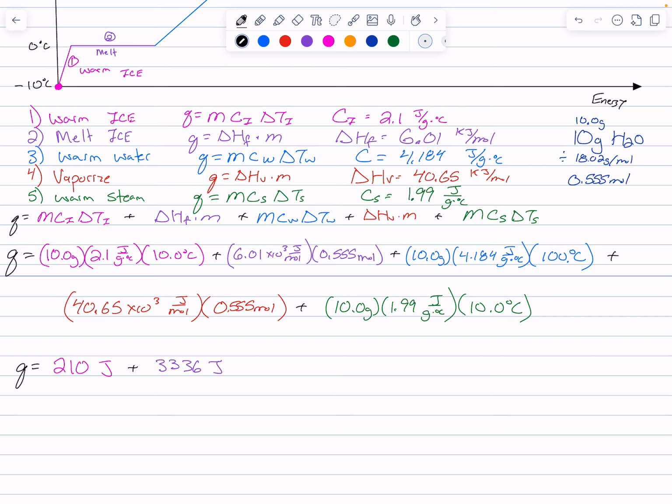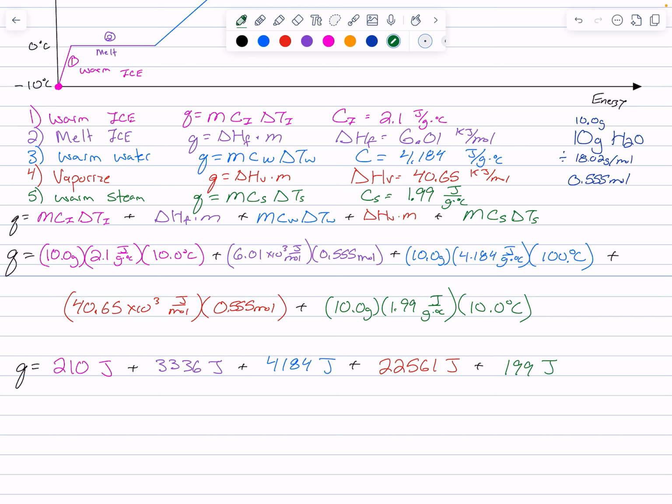And then we're going to have warming the water, right? 4,184 joules. Plus boiling or vaporization, 40.65 times 10 to the third times our 0.555. I got 22,561. Plus 199 joules for steam.